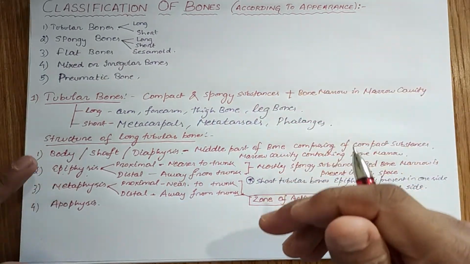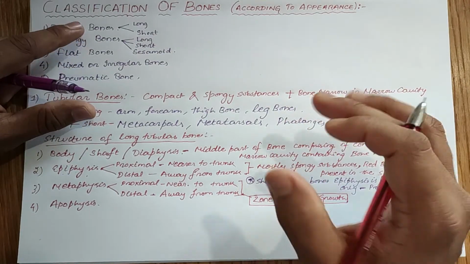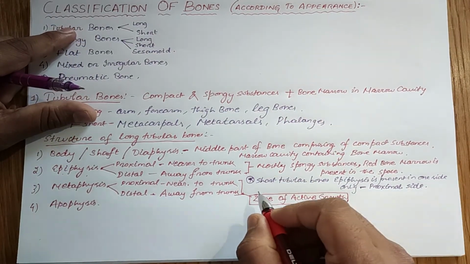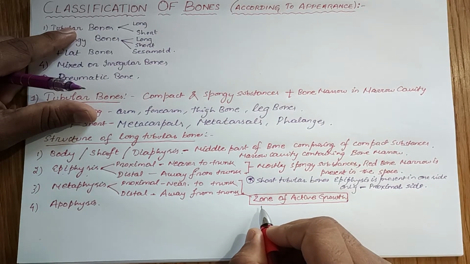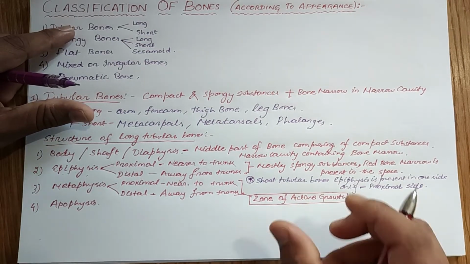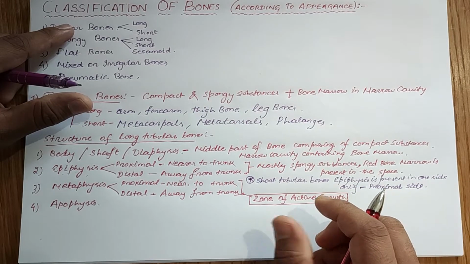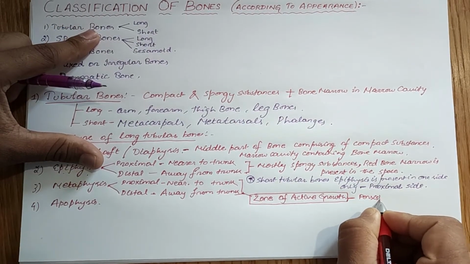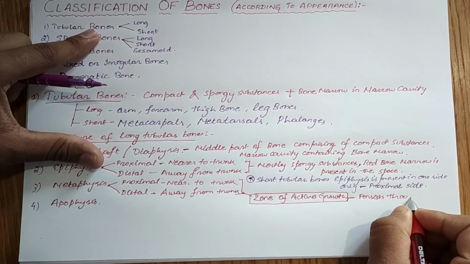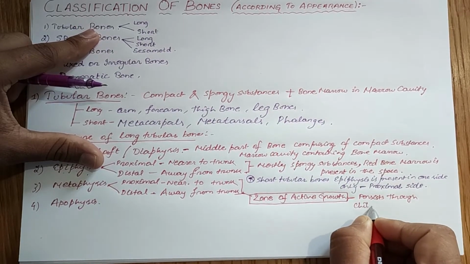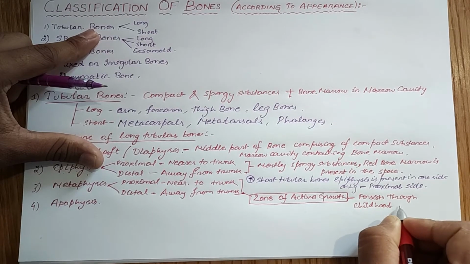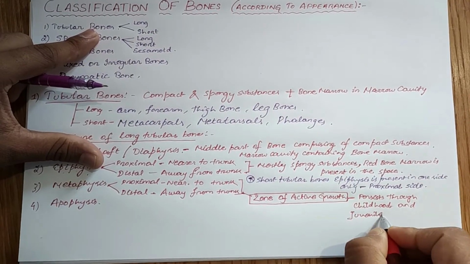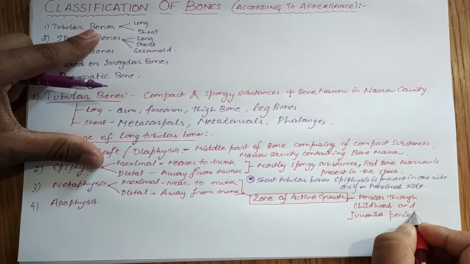It is present between the epiphysis and the diaphysis and is responsible for increasing the length of the bone due to proliferation of cells. It persists through childhood and the juvenile period of life.